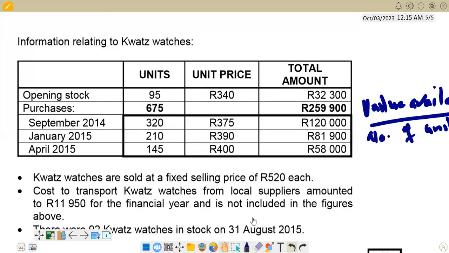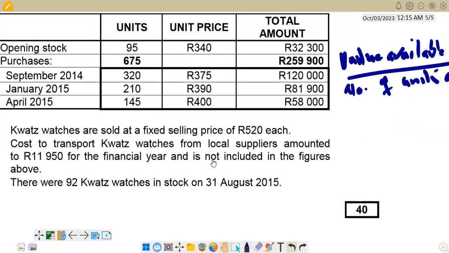So if you look at the information that we have, we are told that we have 92 units here. We have 92 quartz watches in stock on 31 August 2015. That is at the end of the year. So after we've calculated to get the average per unit, then we multiply by 92 to get the value of the stock. The value available for sale, we get it by saying opening stock, we add purchases.